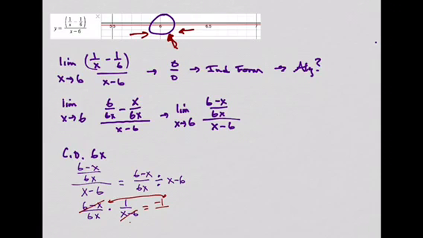So I have negative 1 over 6x. Okay, so I'm going to take it back up to the original part here. So this leads to the limit as x approaches 6 of negative 1 over 6x, and I have a value of negative 1/36. And okay, that's it for today.